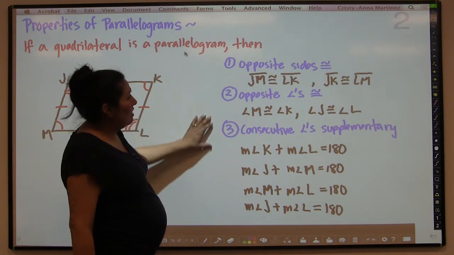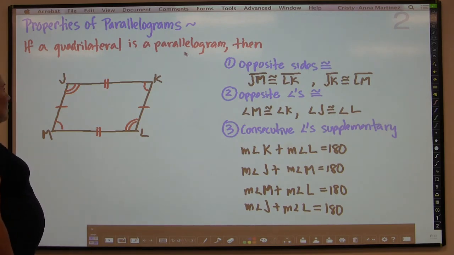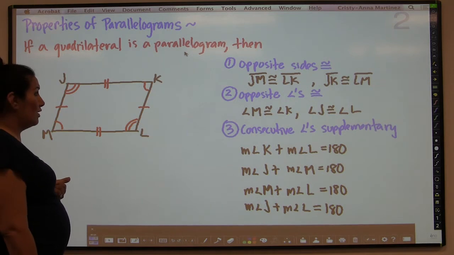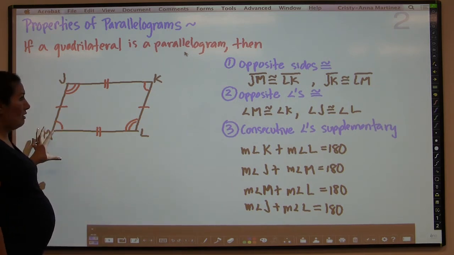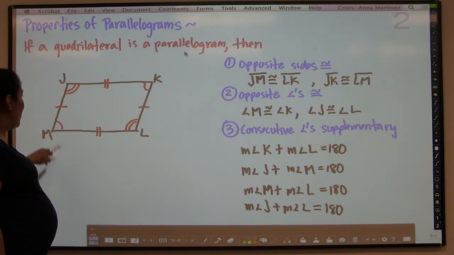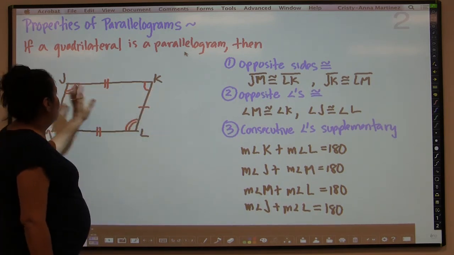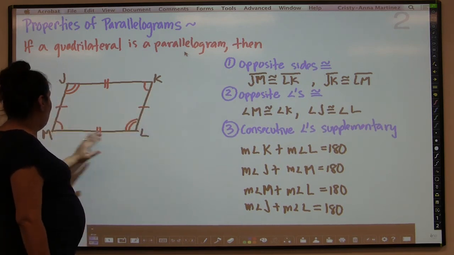So all of these three things are true when you're considering a parallelogram. It says, if a quadrilateral is a parallelogram, then one, opposite sides are congruent. So here I have my diagram of my parallelogram. If opposite sides are congruent, then that would mean that JM would be congruent to LK, and that JK would be congruent to LM.